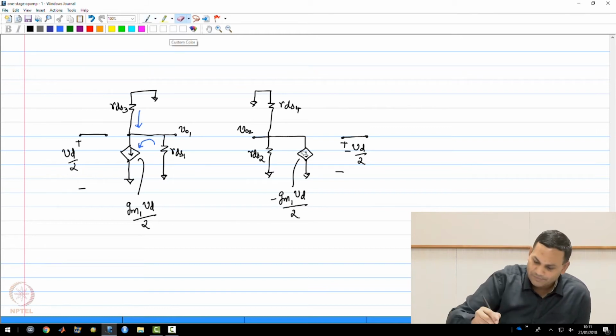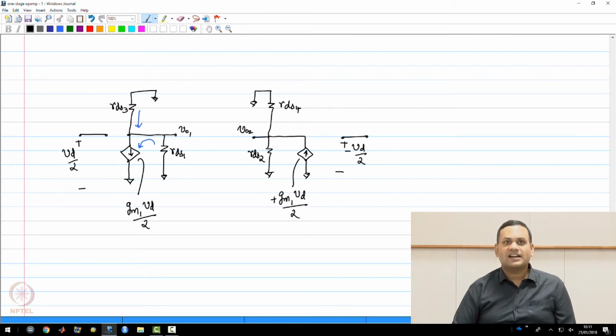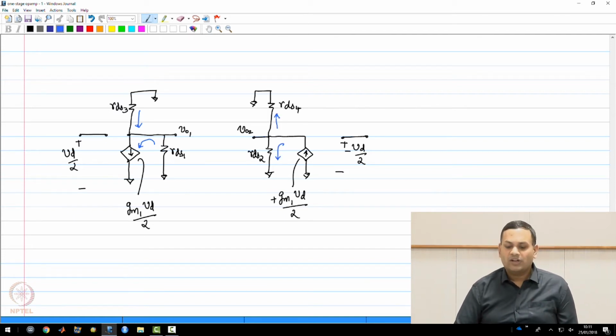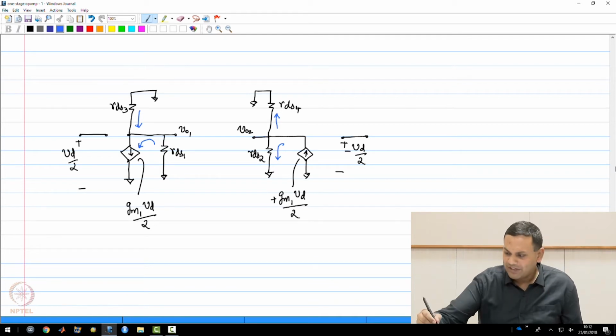So if I make this plus Vd by 2, that is a current source flowing upwards, and that is a current that flows through rds2 and rds4 to create voltage VO2 and VO1. Now this kind of gives us a better idea of what is happening.